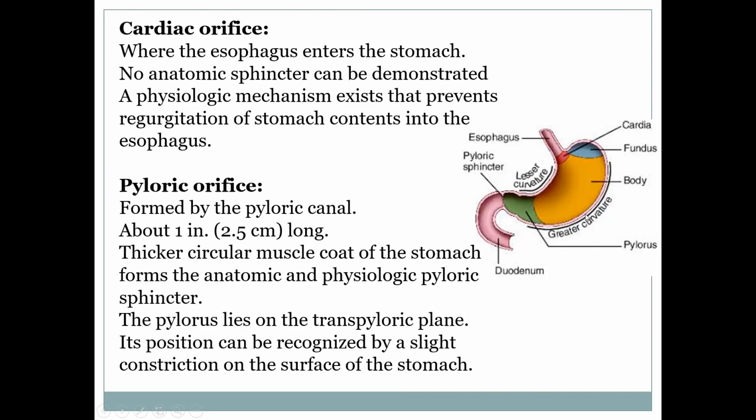There is a plane which goes across this pylorus, called the transpyloric plane. Its position can be recognized by a slight constriction on the surface of the stomach.